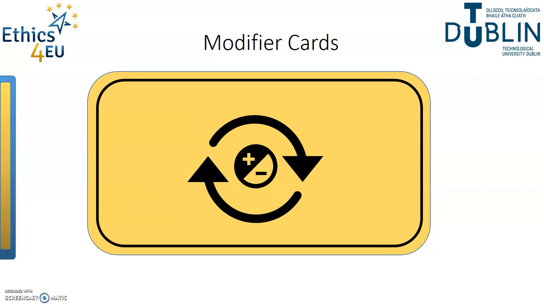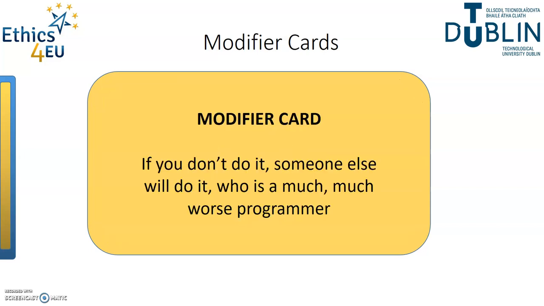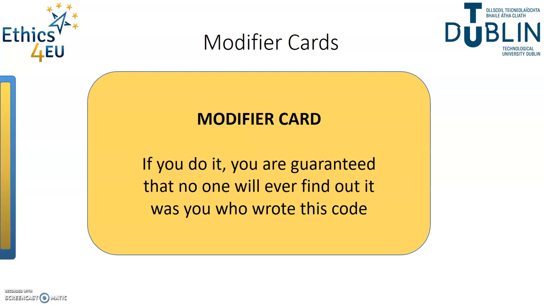And then we have modifier cards as well, and the modifier cards say, let's change up the priority, the danger level with this scenario you've been given. So a modifier card could be something like, if you don't turn off the webcam, or if you don't capture someone's location, somebody else will do it, who's a much worse programmer and might do much worse ethical damage.